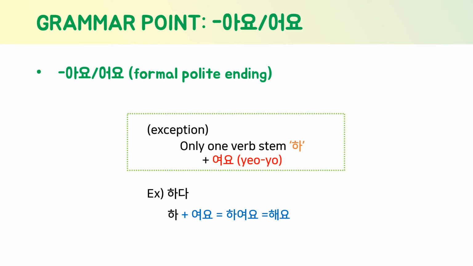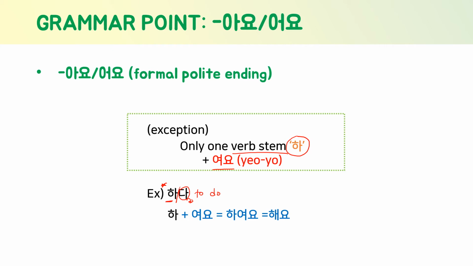But there is an exception. Only one verb stem. If the verb stem is 하, you add 여요. Okay? So for example, 하다. This is a very important verb, 하다, which means to do. Here, drop 다, and the verb stem itself is 하.